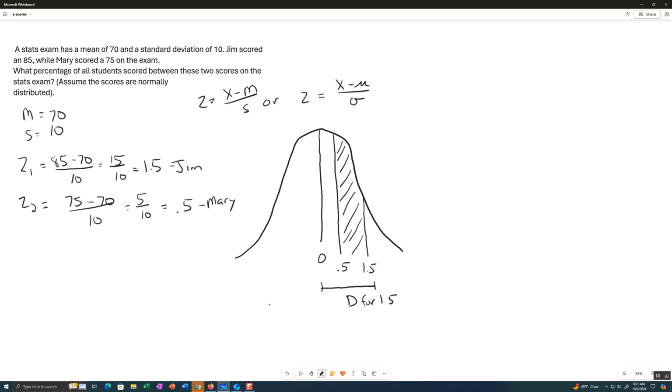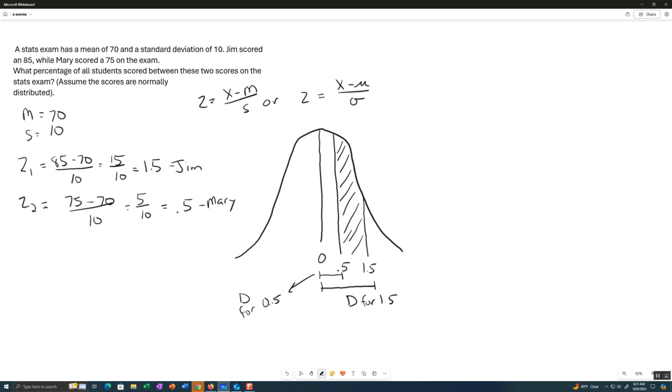And here, the smaller area from 0 to 0.5, this is D for 0.5. And this bigger piece from 0 to 1.5 is D for 1.5. So we're looking at mean to z for 1.5 minus mean to z for 0.5.